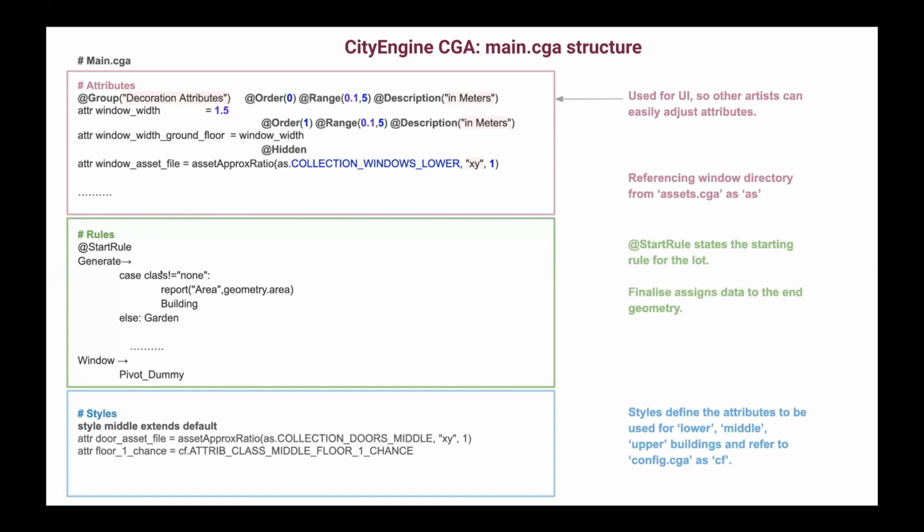If the scope is set to have a lower class style or middle class style or upper class style, it says, yes, there's a class, I'm going to make a building, and then this will kind of waterfall into a series of rules. And if there's an instance, such as a window or a door, it says, okay, I want to go to this notable rule, which is pivot dummy.